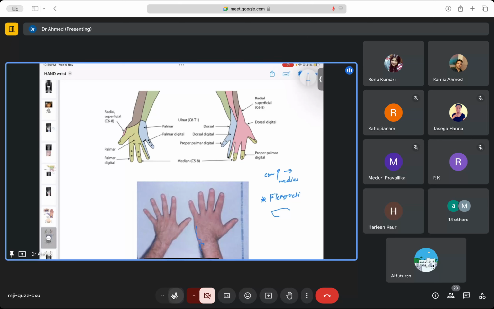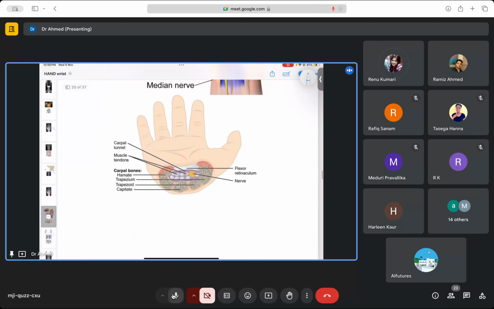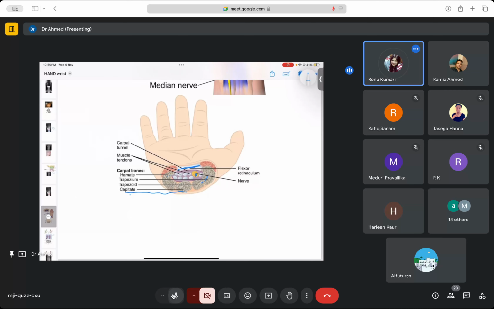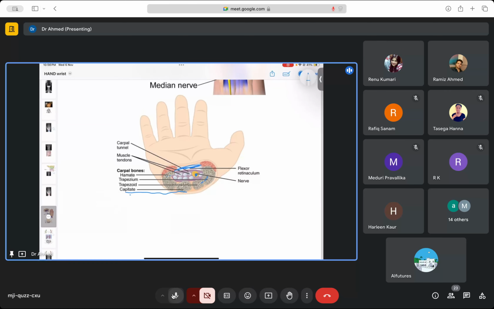Just let me show you here. This is your carpal tunnel, this is your flexor retinaculum, this is your median nerve. Here you guys can see the bones. For example, if a person has acromegaly, it can narrow this tunnel, and as a result you are going to see impingement of the median nerve.